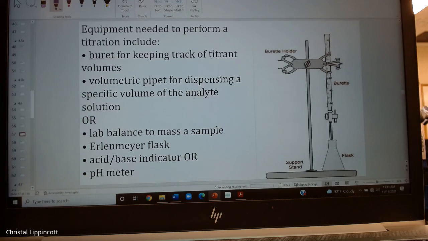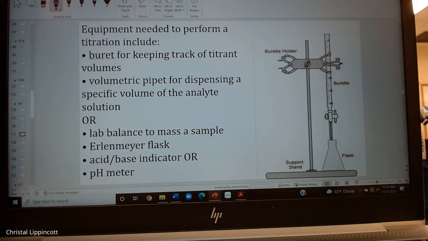And volumetric flasks, when we did this in pre-AP, we just used another burette for this instead of a volumetric pipette. Then sometimes you're going to have a balance because you're actually adding a powder into this flask and then mixing it with a couple other things.